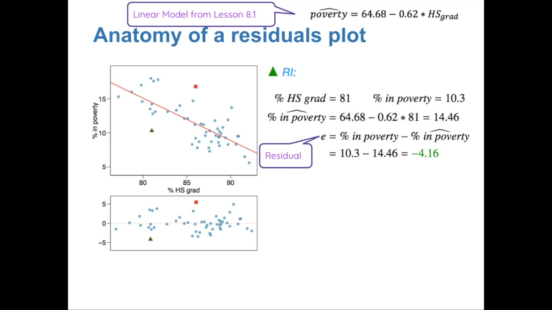If I substitute 81%, we find the residual by taking the percent in poverty and subtracting the percent we would expect to be in poverty, which is 14.46. When we subtract, we get negative 4.16.